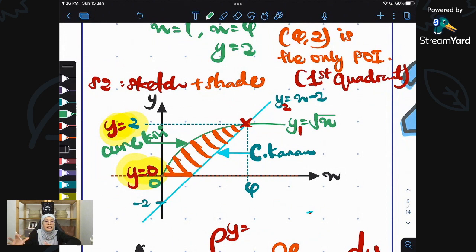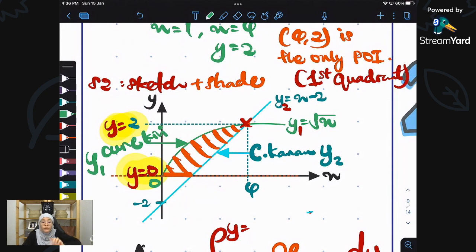Kali ni bukanlah curve atas tolak curve bawah, tapi dia adalah curve kanan ni, which is this part.